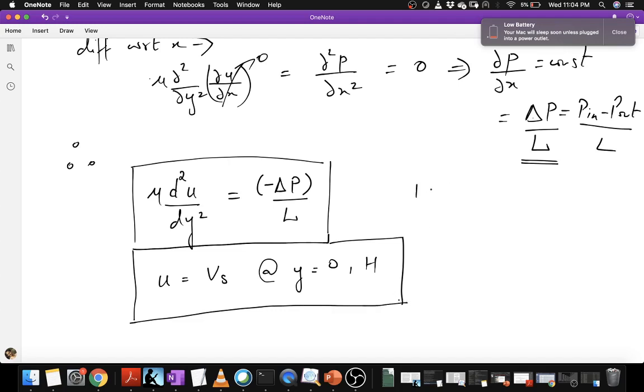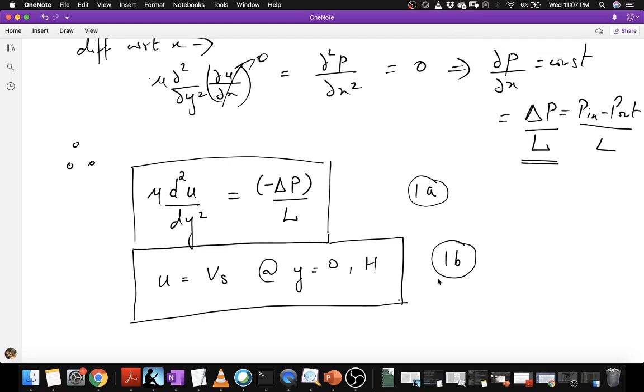So let's call this equation 1a and equation 1b. Now this is a simple linear equation, and the right hand side is independent of y. So one can directly integrate out this equation twice, apply the boundary conditions, and you'd have your solution analytically. And it's something that you have done before, I'm sure.